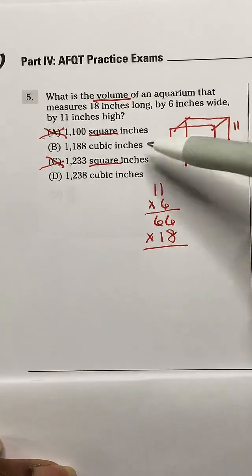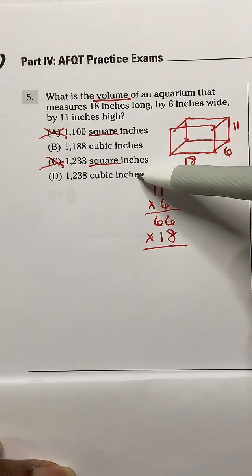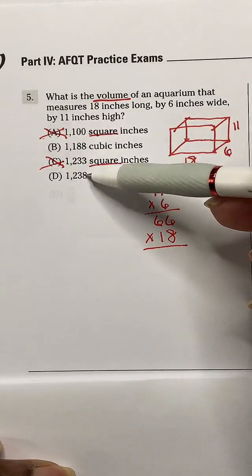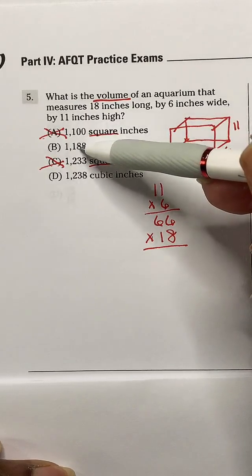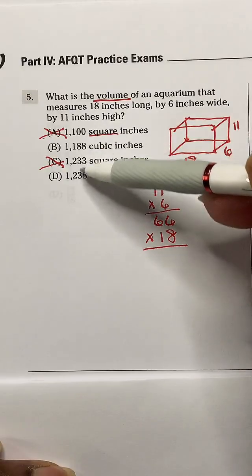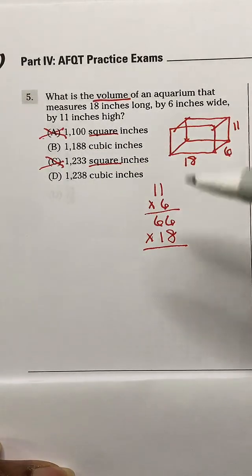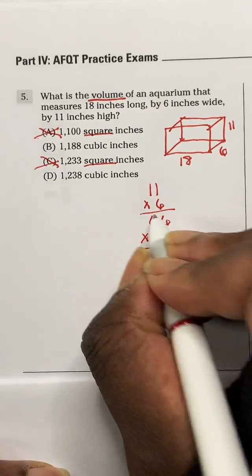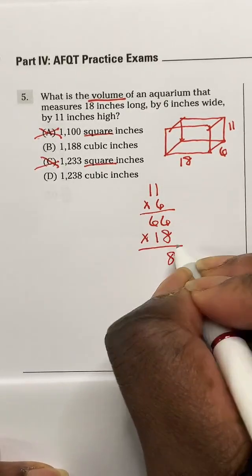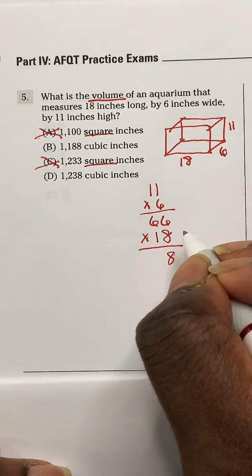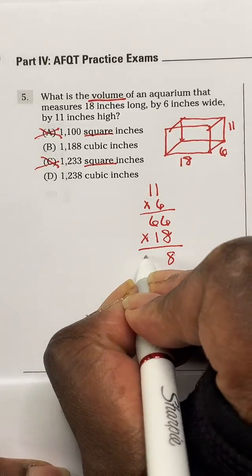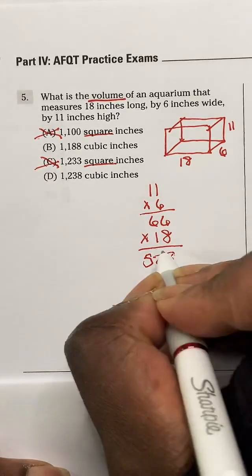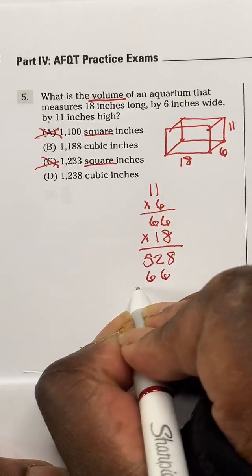So I know it's got to either be B or it's got to be D, because both of those have the cubic inches. They both end in 8, but I think knowing what that 10 spot is going to help me decide the factor. So I know 6 times 8 gives me 48, carry the 4. Okay, and 6 and 8 was like 48, so that'll be 52. So 6 here, 6 here.